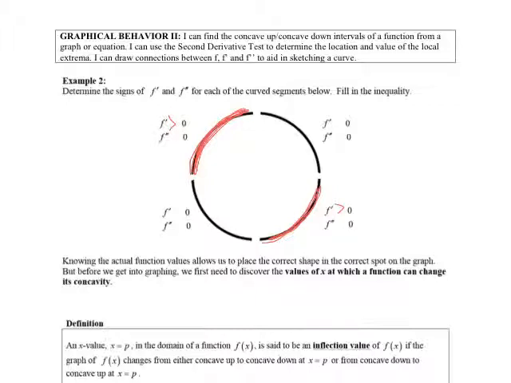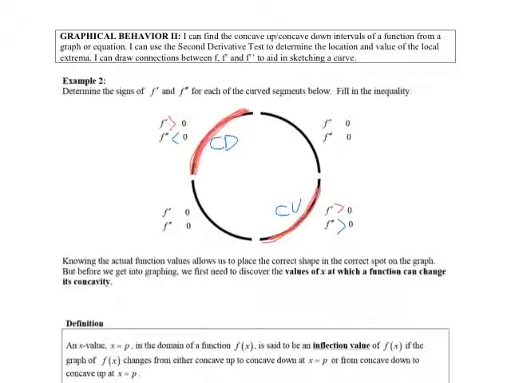And then because this function is concave down right here, our second derivative is negative. And this function here is concave up, so our second derivative is positive, or greater than 0.